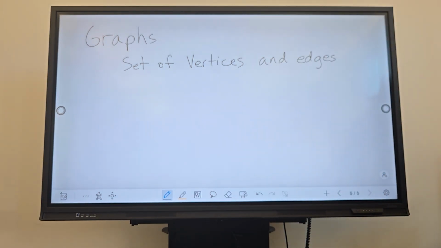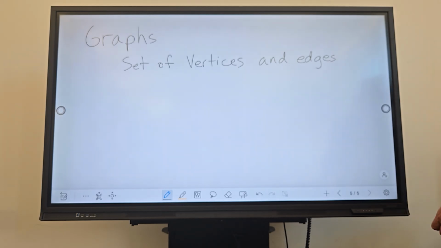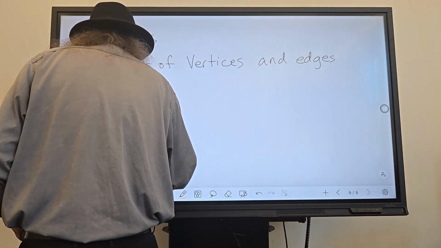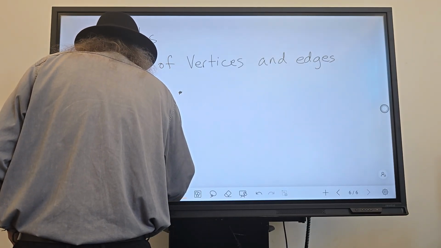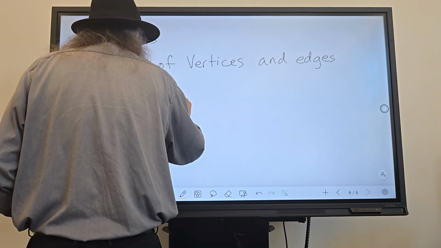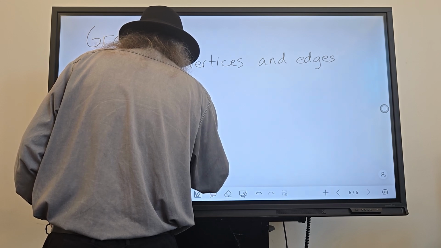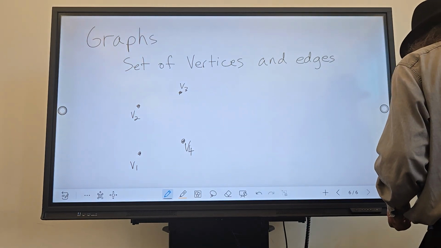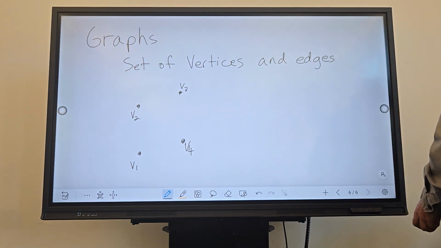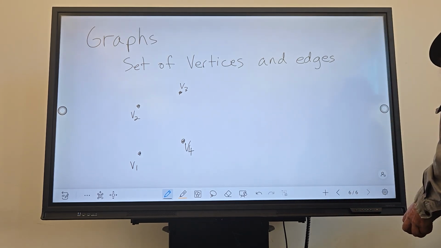So see here, this example graph here. Okay, you got 4 vertices here. And edge 1, edge 2, edge 3, edge 4, edge 5. Okay.